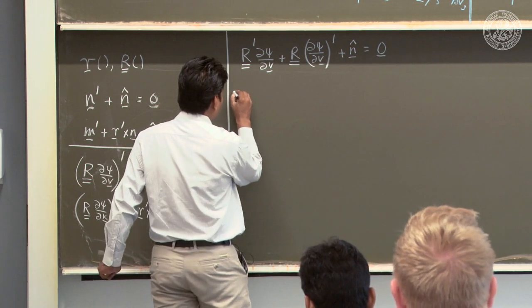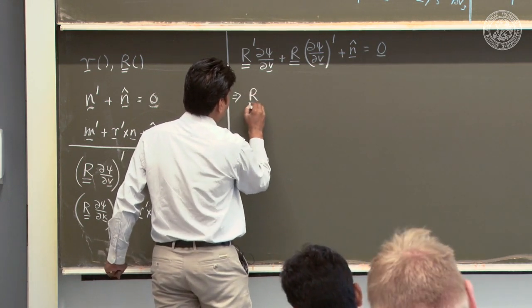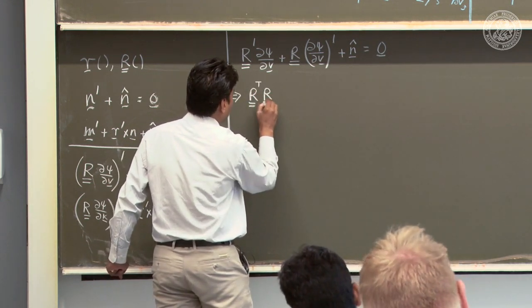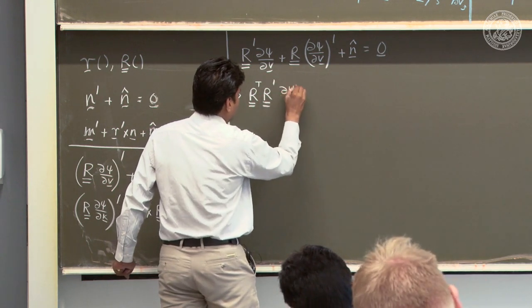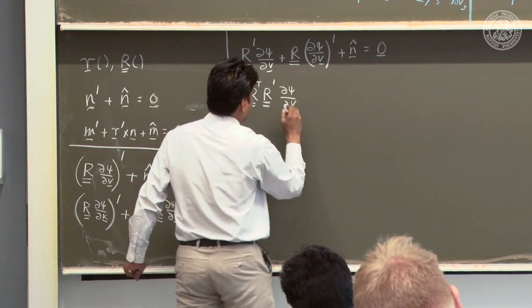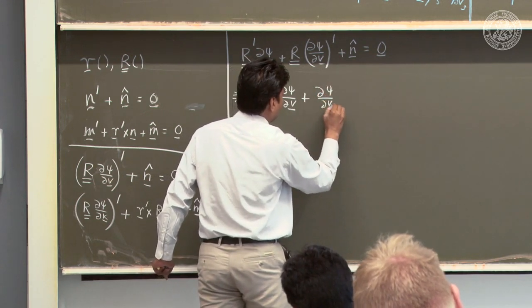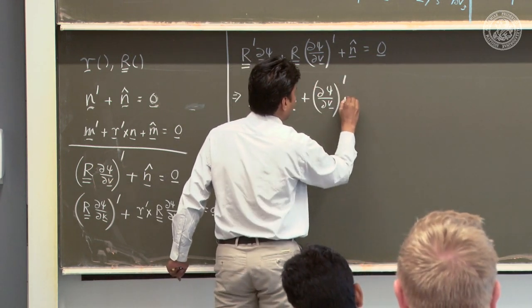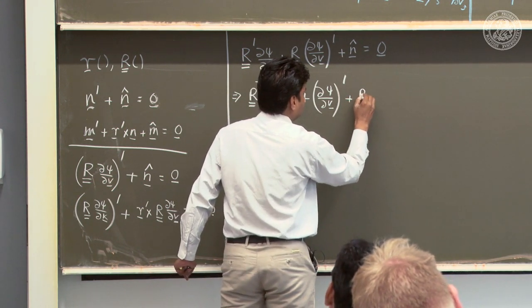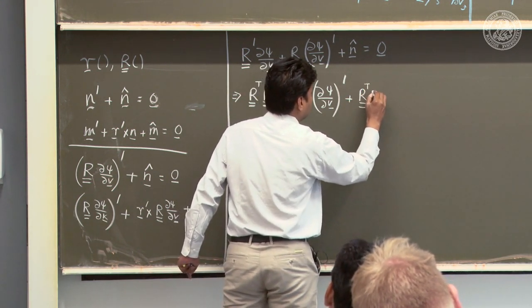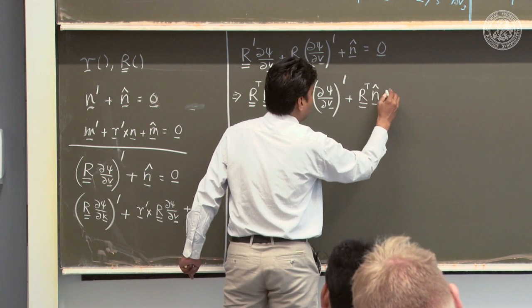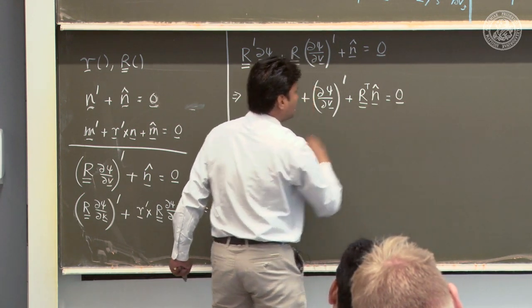So this becomes big R transpose big R prime into del psi over del V, plus del psi over del V prime, plus big R transpose n hat equal to 0.